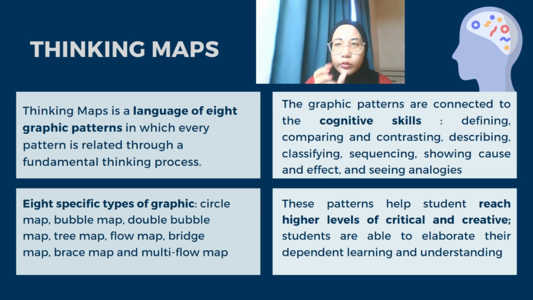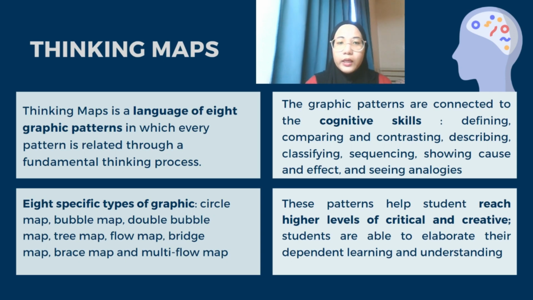If you use this type of map to define the content, and also comparing and contrasting the facts, and also you write a note to describe qualities, and also for classifying facts and sequencing of facts, and also you write a note by using this type of maps to show the cause and effect of a fact, and also to see the analogies. So by thinking maps, students are able to elaborate their learning and understanding.